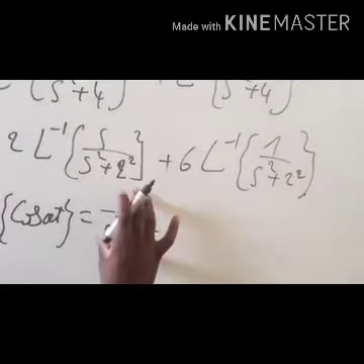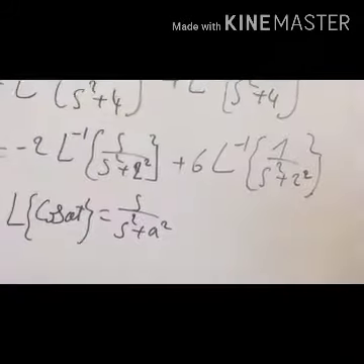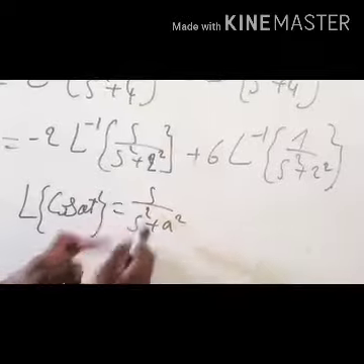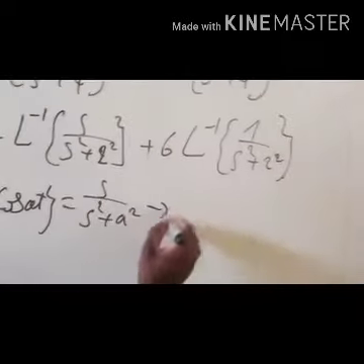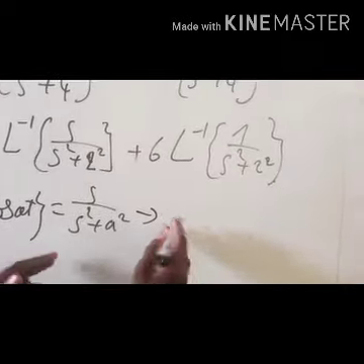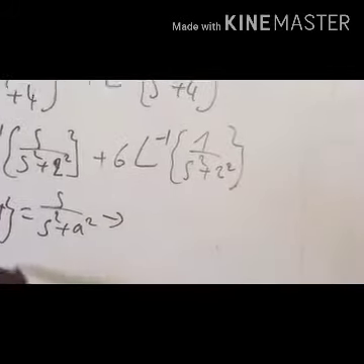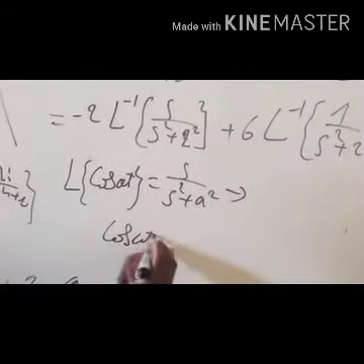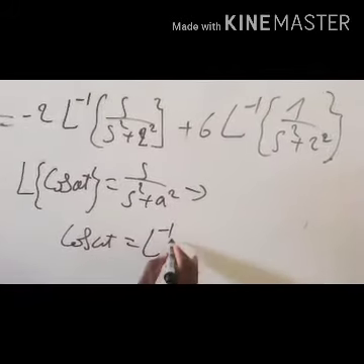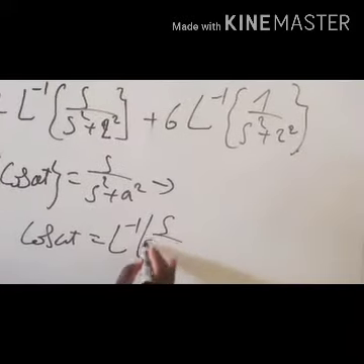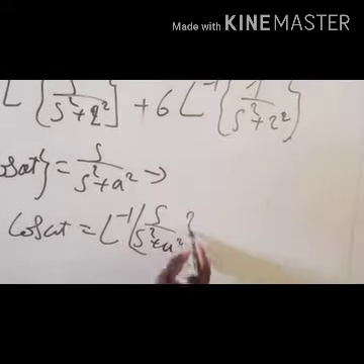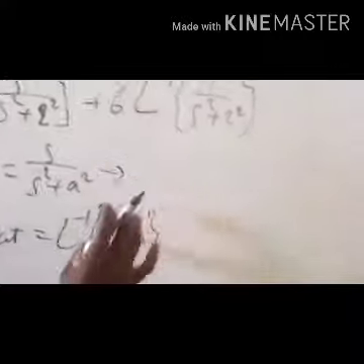By comparing this equation with ours, cosine at is equal to the inverse Laplace transform of s over s squared plus a squared. I repeat, this is equal to this.